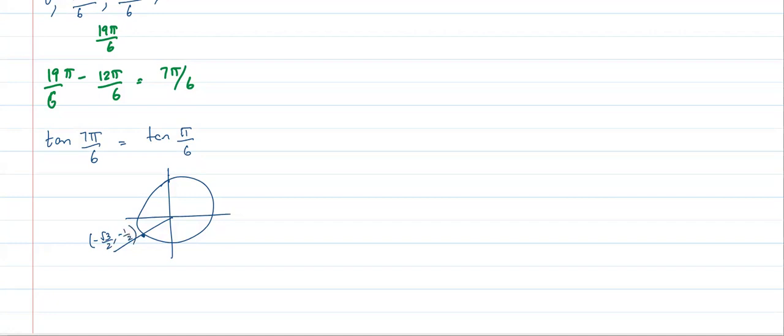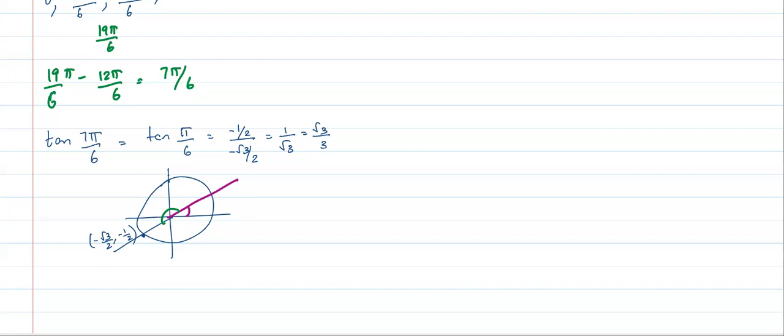And tangent is nothing but y over x. So that will give you negative 1/2 over negative root 3 over 2, which is 1 over root 3 or root 3 over 3. And you would have got the same answer if you had used pi over 6 as your angle instead of 7 pi over 6. It's the same thing.